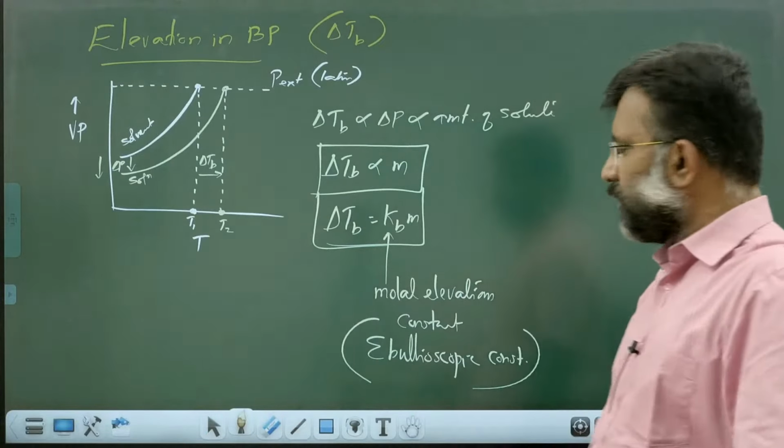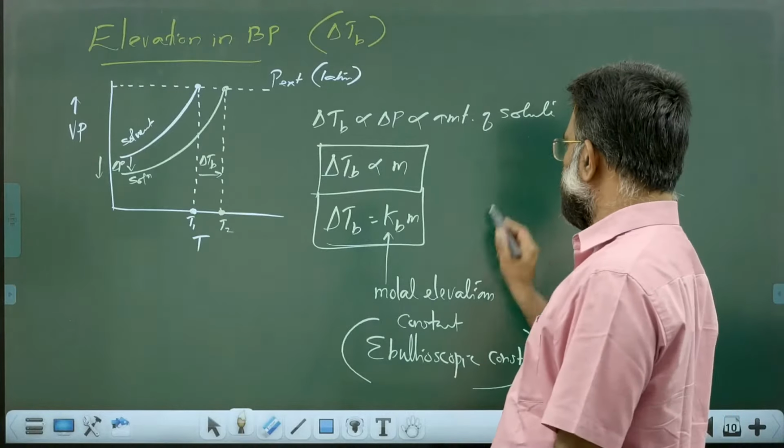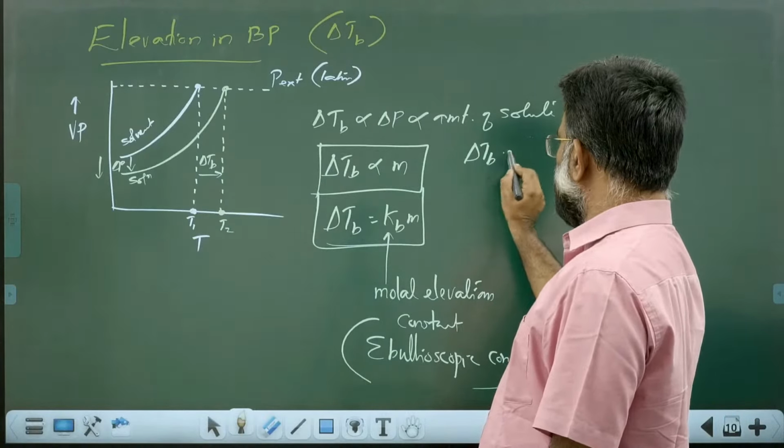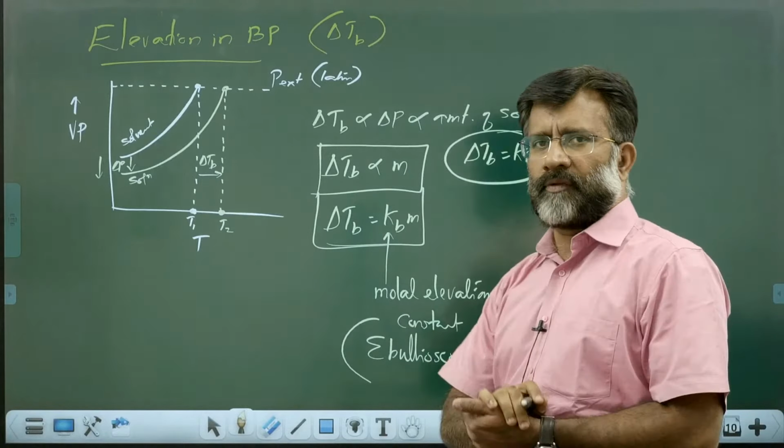Delta TB is equal to Kb into m. How do we define Kb? Delta TB equals Kb when m equals 1. That is the way you define the constant.